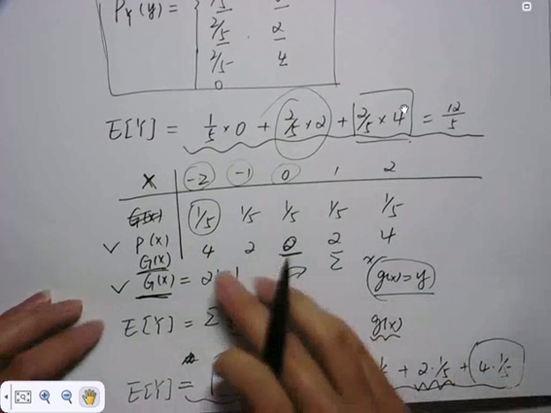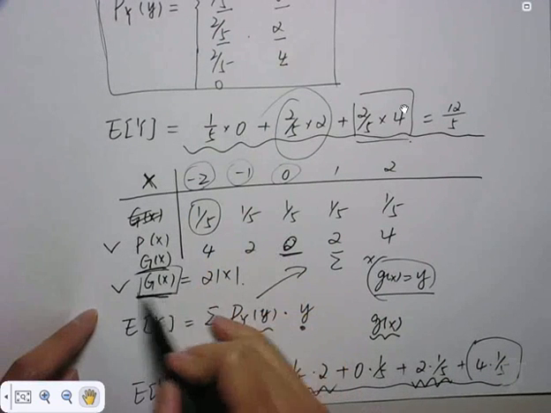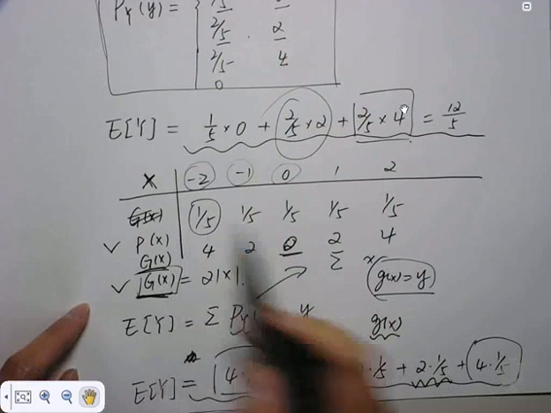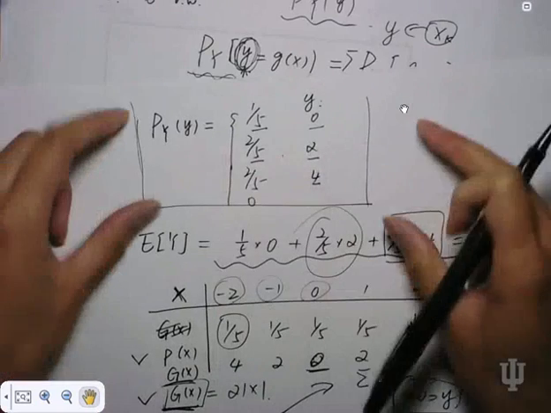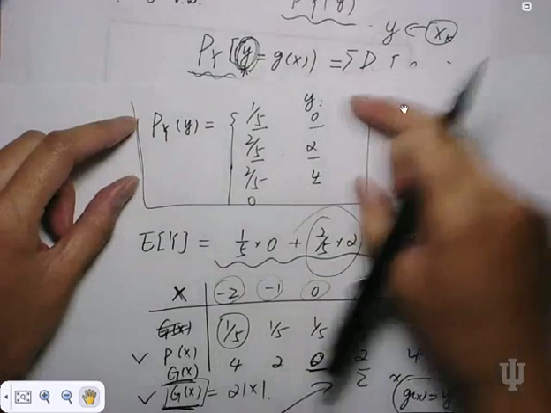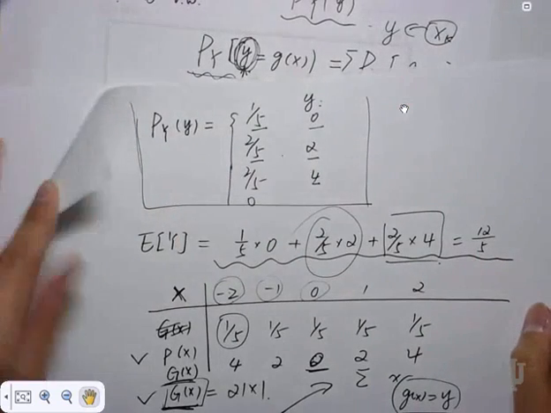So from the probability mass function of x, and if you know the mapping function g of x, then you can calculate the expected value of your derived random variable without finding the probability mass function of your derived random variable, right?